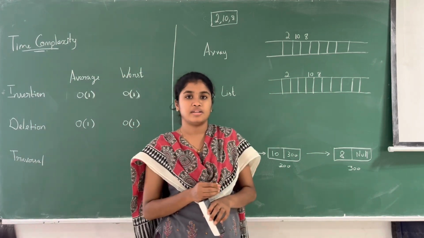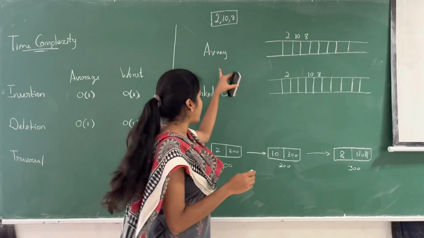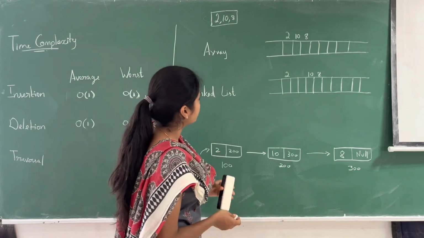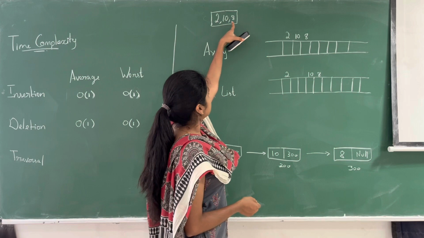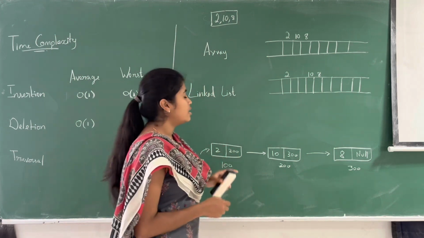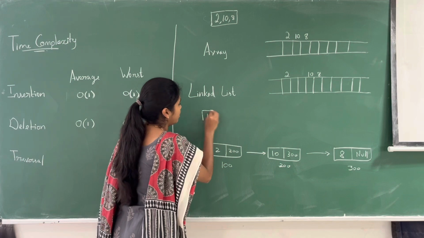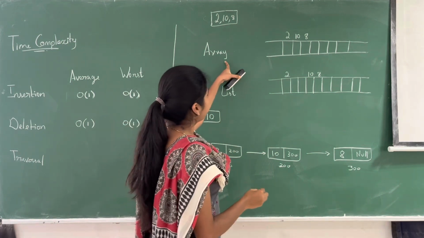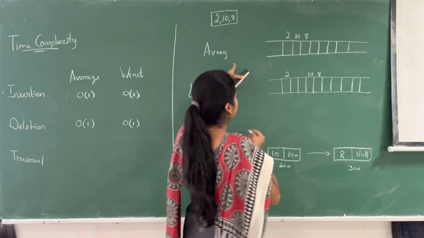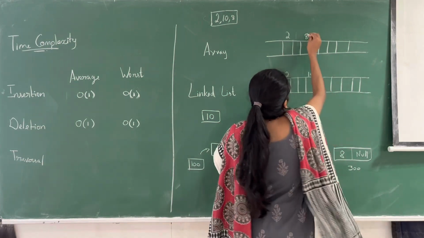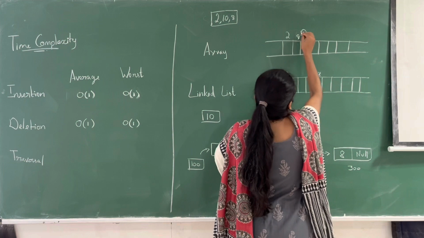Let us discuss deletion in both array and linked list to get a better understanding. There are 3 elements 2, 10, 8 and now we are going to delete the element 10. If we delete element 10 in an array, then 10 will be deleted and 8 will be moved 1 cell before.